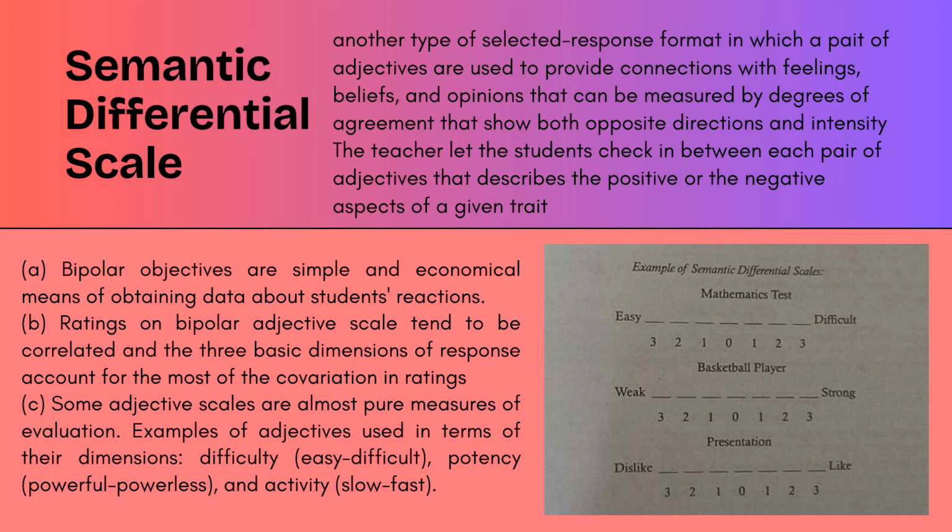Next, the respondents are asked to mark or indicate their position along the scale to indicate how they perceive the concept being measured. And then last, the distance and direction of a mark from each endpoint provide insights into the respondent's attitude or feelings toward the trait.